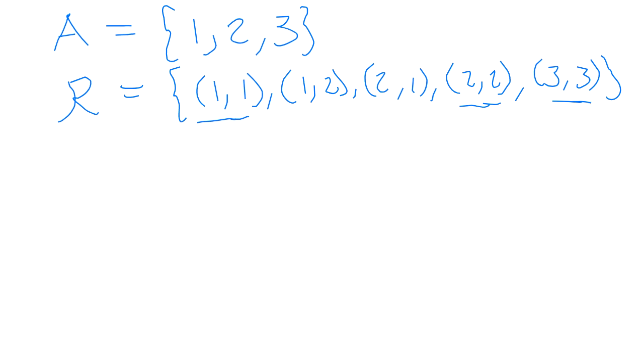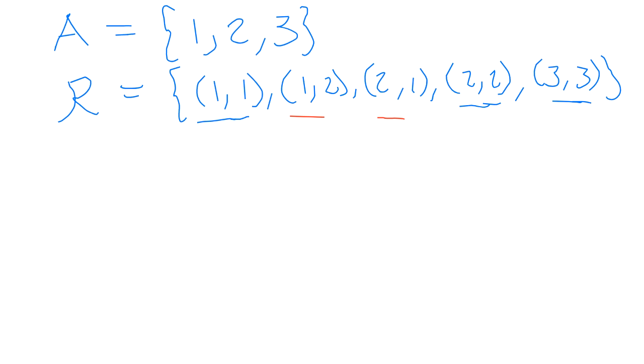For it to be symmetric, if you have one element relating to the next element, the flip must also be true. Let's check that. Here we have 1 relating to 2, but therefore 2 must relate to 1. So it's symmetric, beg pardon. We didn't have 2 and 3, so we didn't have to check for 3 and 2.